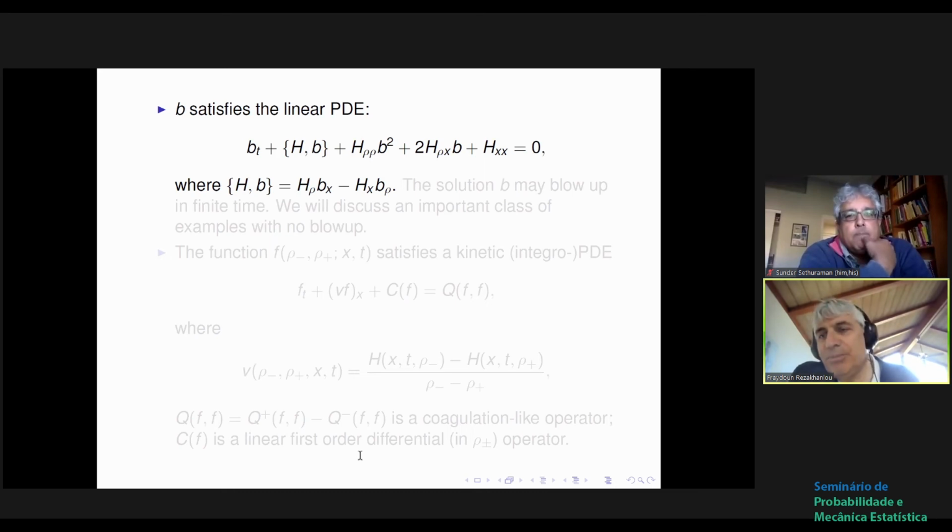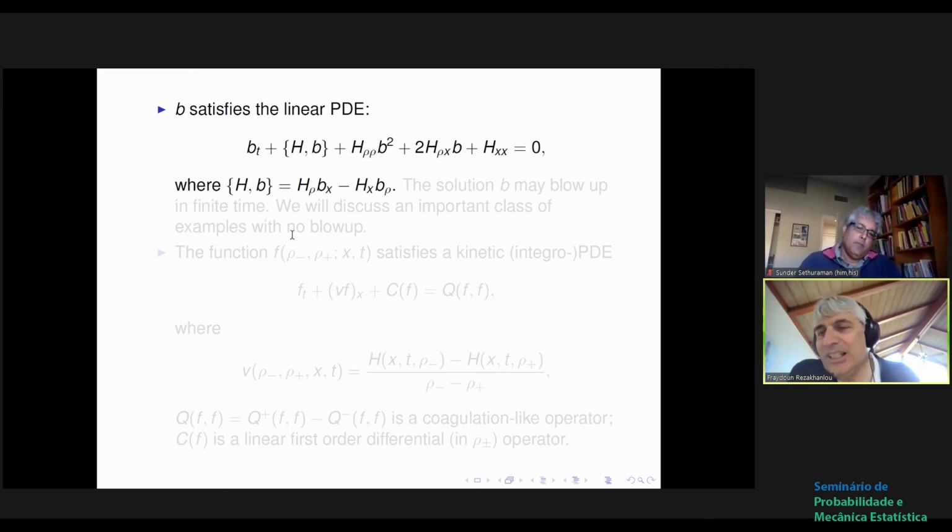Now, if you remember, in the previous case, in the Menon and Srinivasan conjecture, the drift satisfies some ODE which was quadratic. Now, in this case, it turns out that if you allow the dependence on x and t, the drift will satisfy a linear PDE. That linear PDE does feature that quadratic term that showed up previously. You see, if h is in, and this is a Poisson bracket, because there's some Hamiltonian going on.